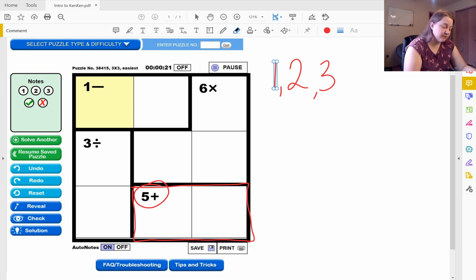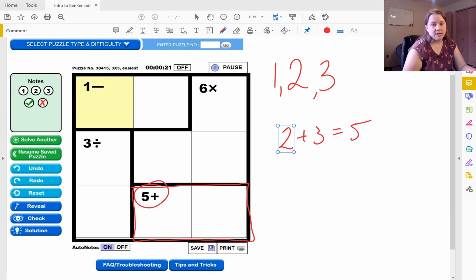So what we need to do for this box is reach the number 5 using addition. How can I get 5 with 2 numbers using addition? That's right, I would add 2 plus 3, because 2 plus 3 equals 5.